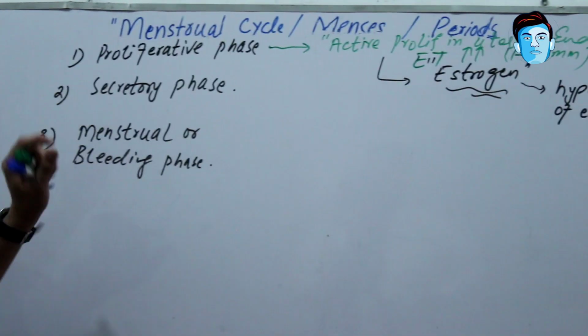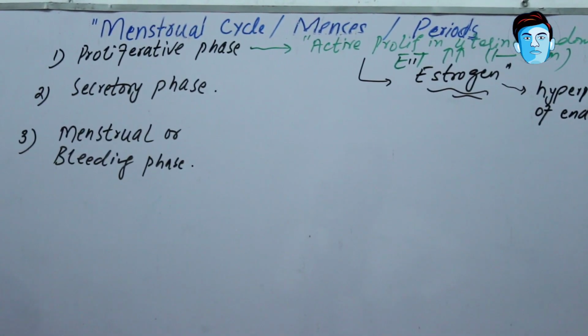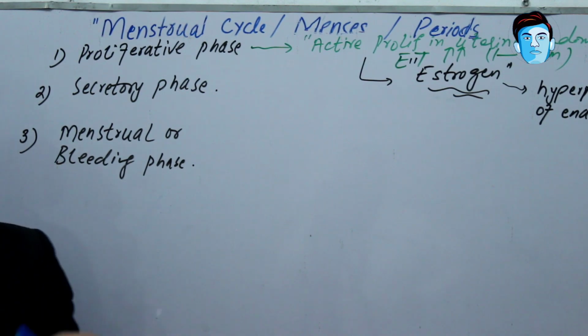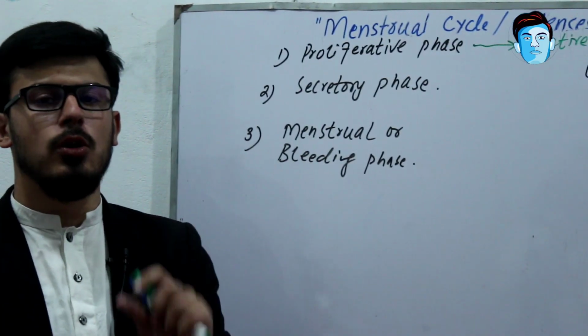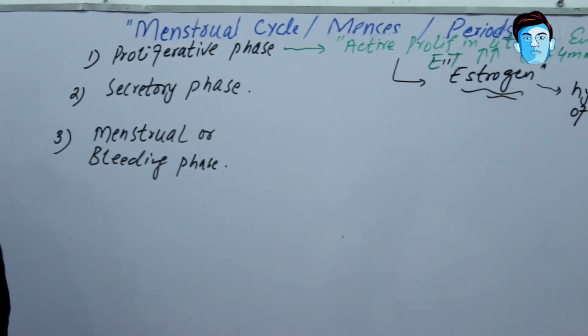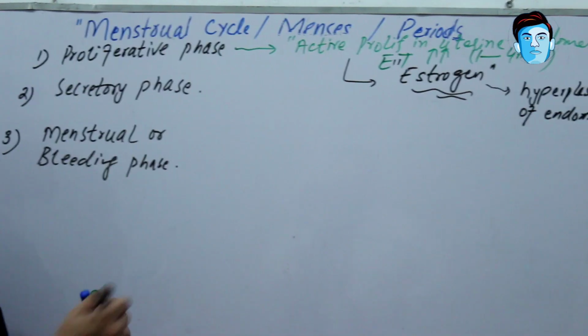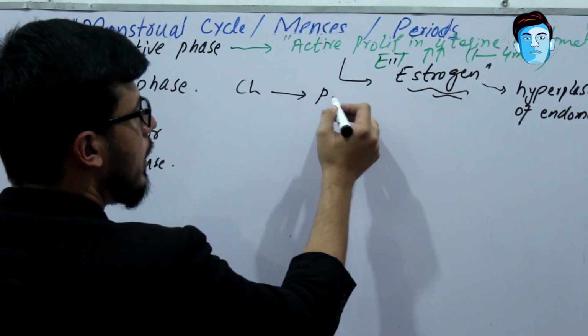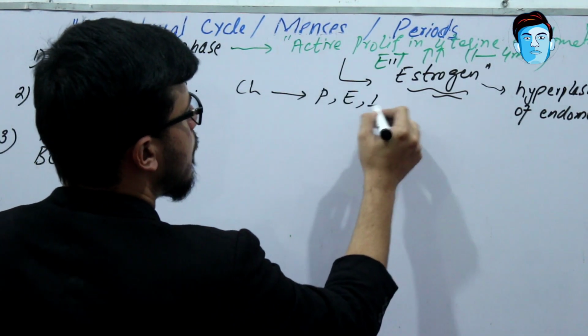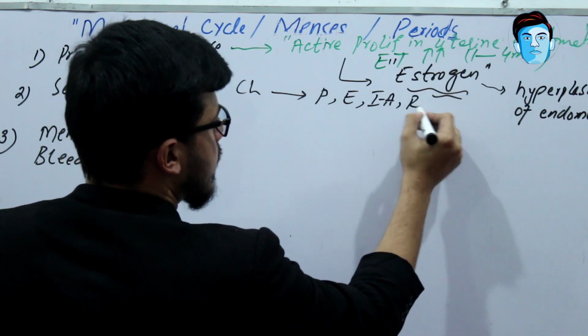Now, the second phase is called secretory phase. In that condition, corpus luteum secretes the progesterone mainly. Also, it secretes the estrogen, inhibin A and relaxin.